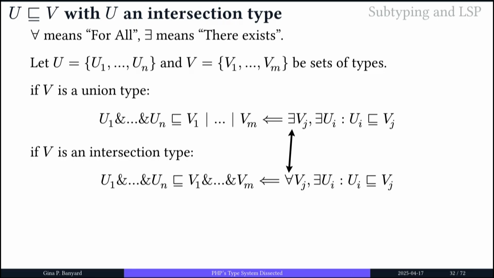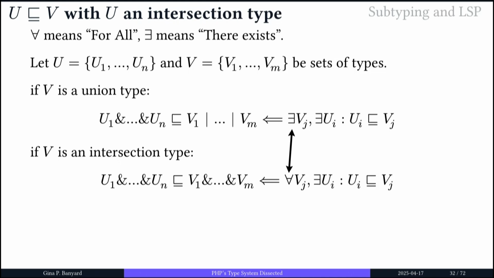Checking that an intersection type is a subtype of a union type is actually quite easy: we only need a single pair of a UI that is a subtype of one of the VJs to be true.